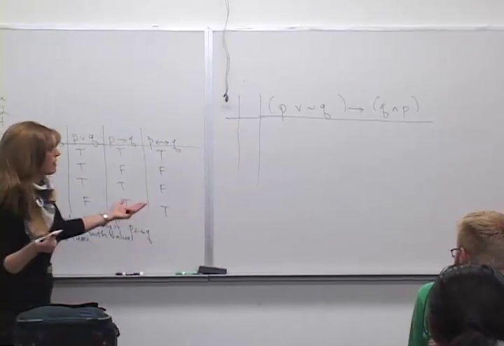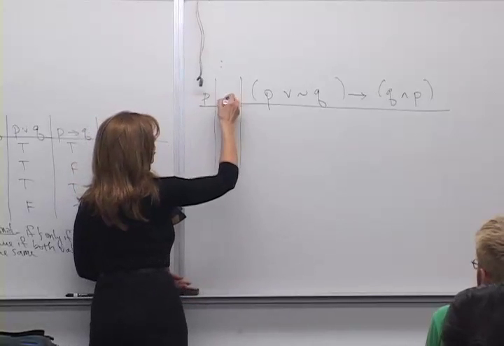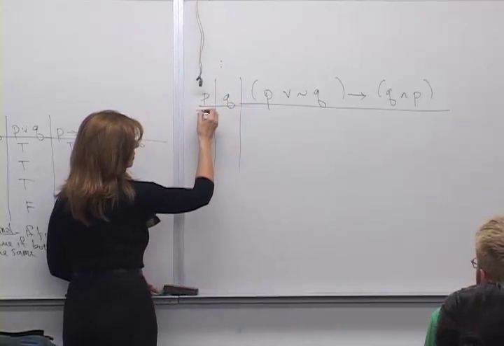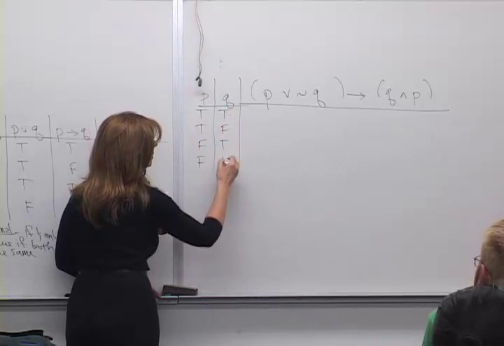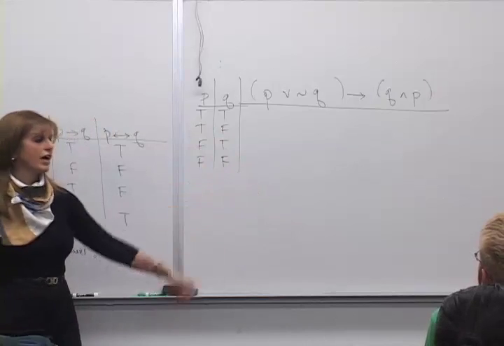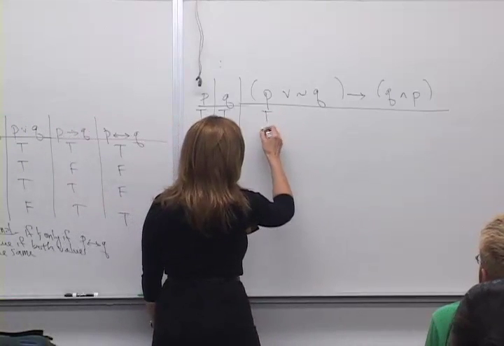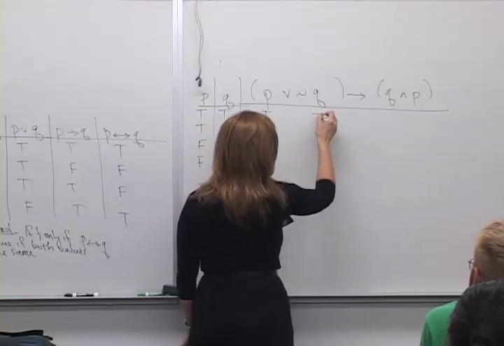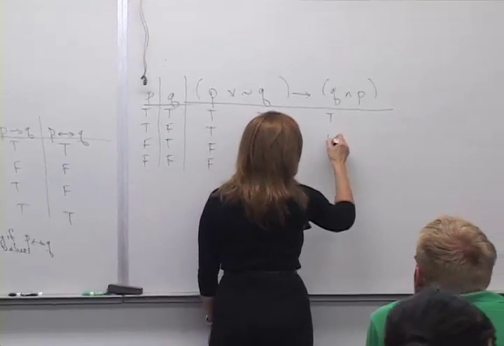How do I start a truth table? Very good. P and Q, and what are the values I assign? Very good. Excellent. Next thing is what I do. I first spread the values so that I know exactly what I have here. So everywhere I have the values, I'm going to spread it out.